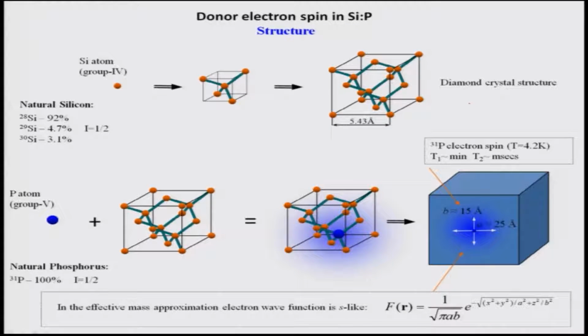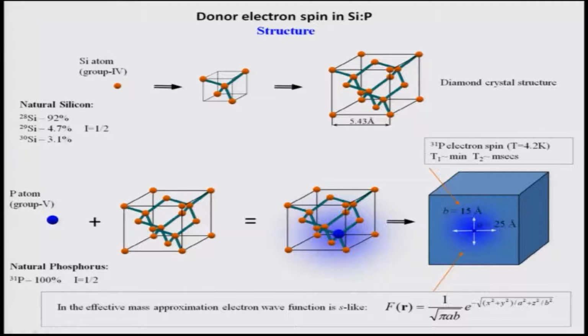The idea is that the silicon atom which forms the basic diamond structure is a group 4 element, and so any phosphorus dopant would essentially mean an extra electron coming from the group 5 element, and that is the idea of having the donor electron spin as a qubit in this arrangement.